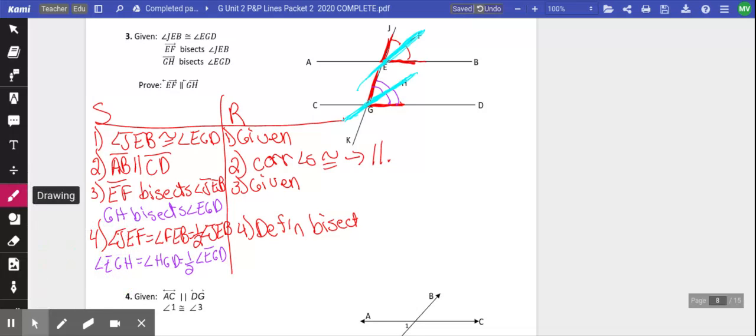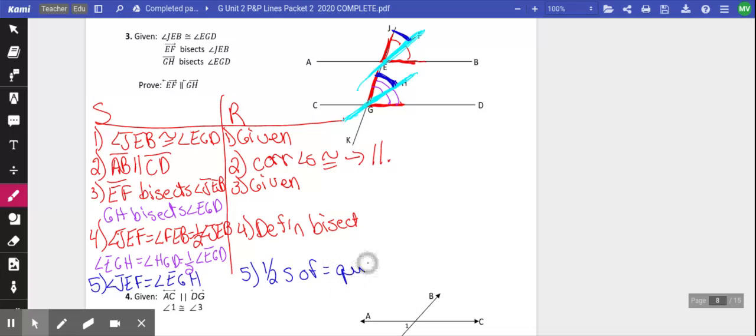I could use that EGH is equal to JEF. How do I know? What's the reason for why angle JEF is equal to angle EGH? And that's halves of equal quantities are equal.